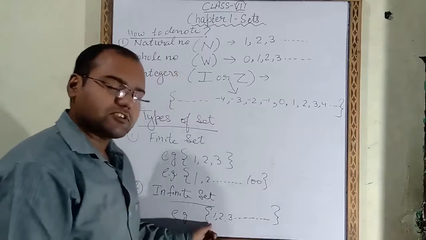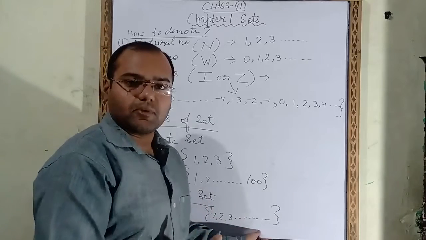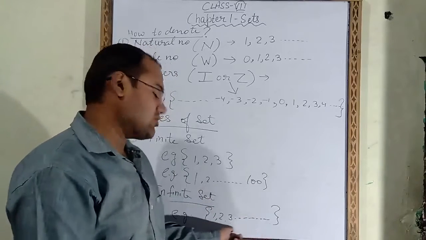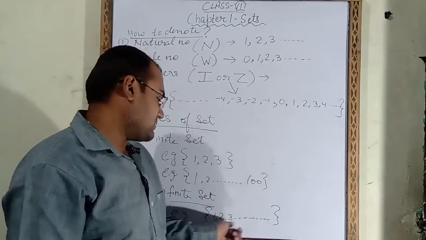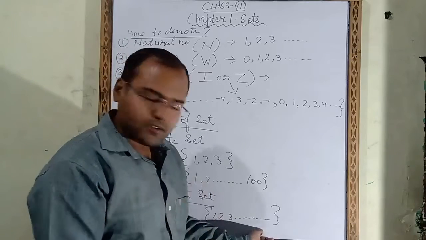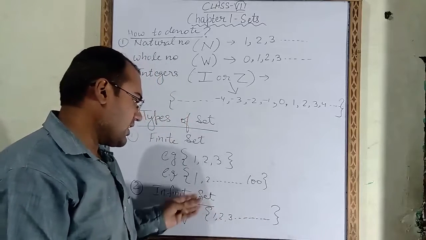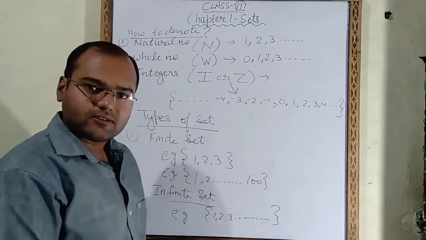We know that it is starting from 1, 1, 2, 3. But what is the last number? The last number we don't know. This series is not ending. That means we don't know where this series ends. So we will not be able to count the members. That's why this is an infinite set.